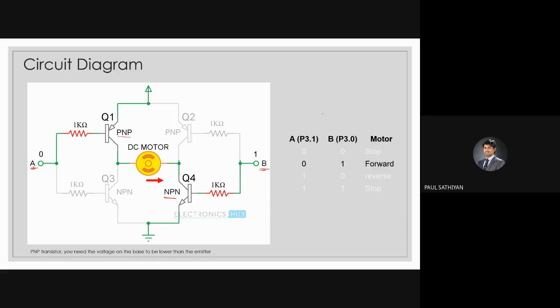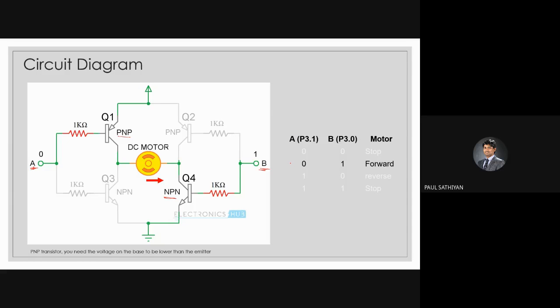I can do all the operations. If both inputs are the same, the motor is not going to run. It will remain standstill. If A is different from B, then the motor will start to rotate, either in clockwise direction or in anti-clockwise direction.